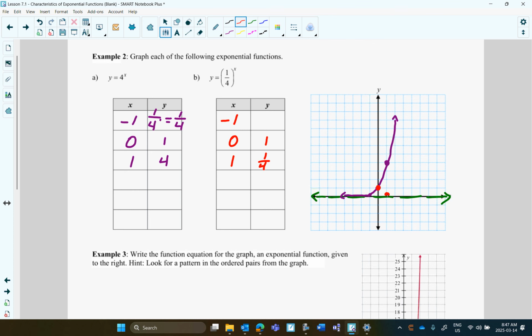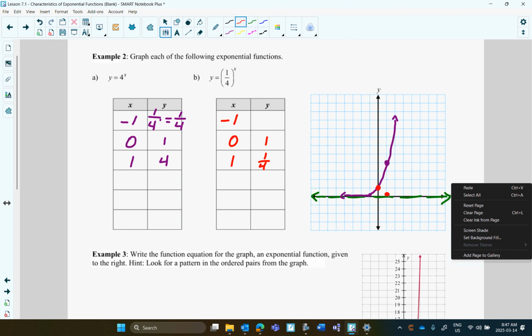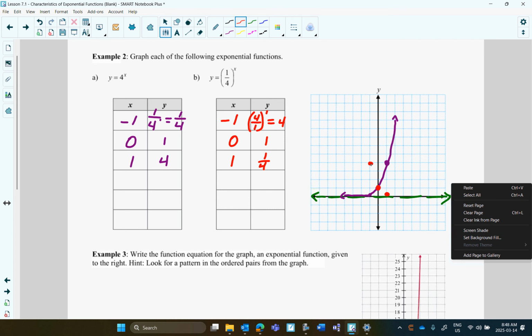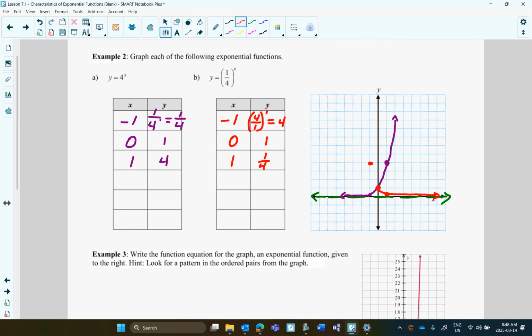So notice it's reversing. What is 1/4 to the negative first? 1/4 to the negative first is the same as 4/1 to the positive first, which is 4. So they're actually horizontal reflections of each other. It's going to look like that.